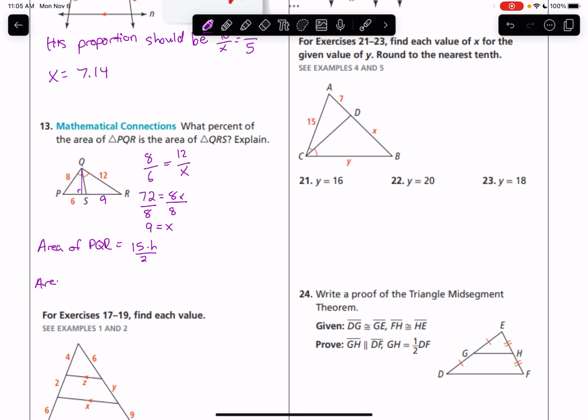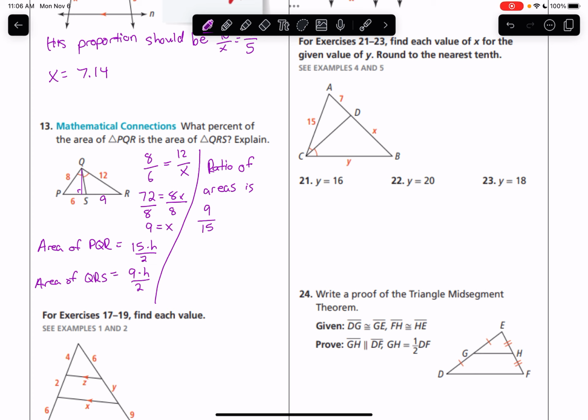The area of triangle QRS is going to be the base of 9 times the height over 2. So then I can say that the ratio of the areas is effectively 9/15, because the height and the divided by 2 are the same for both areas.